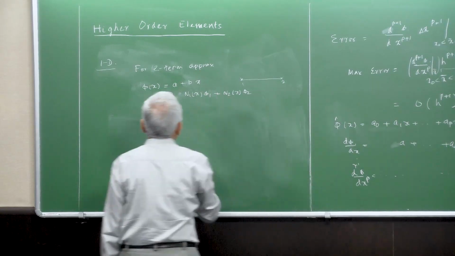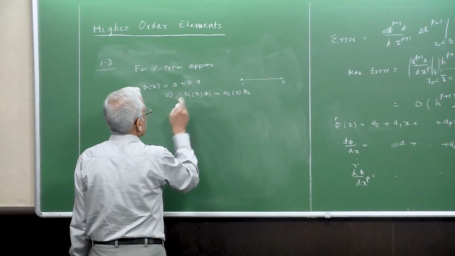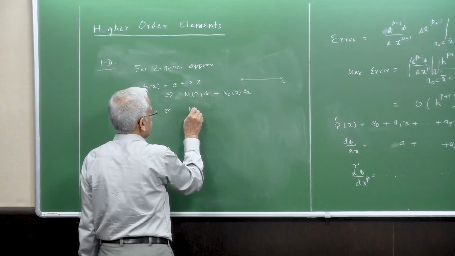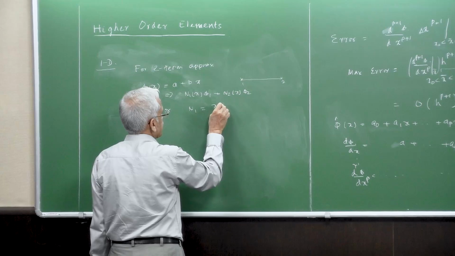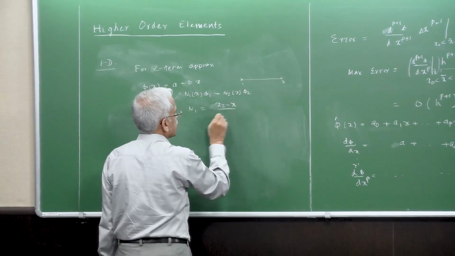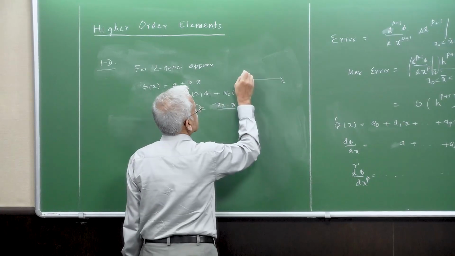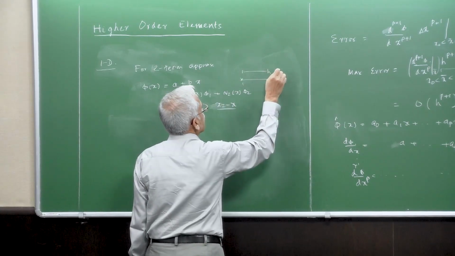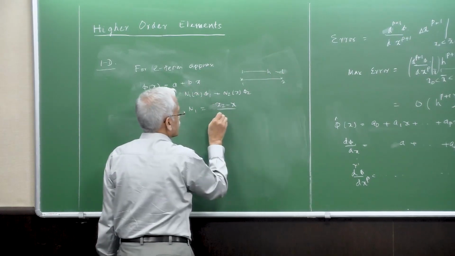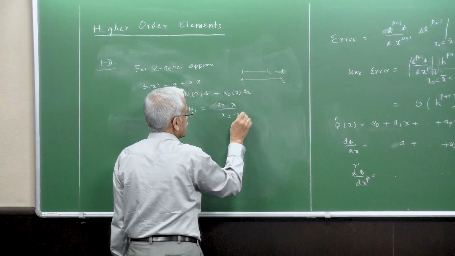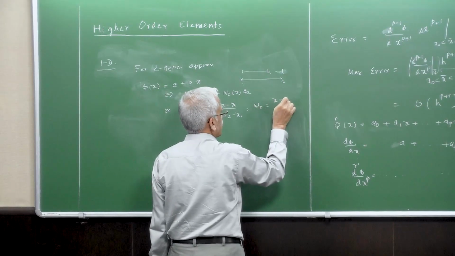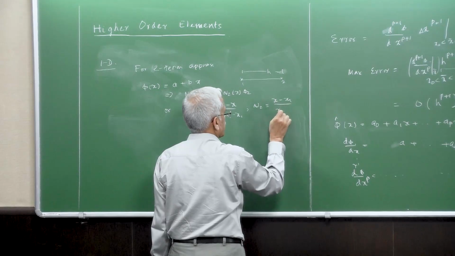We know that N1 is x2 minus x divided by h, where h is x2 minus x1, and N2 is x minus x1 divided by h.